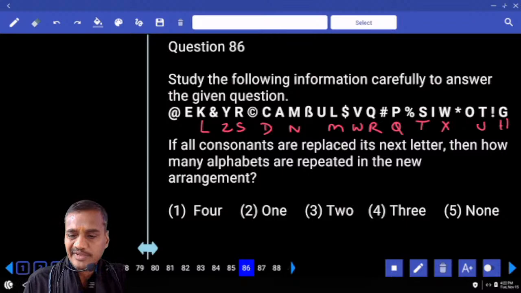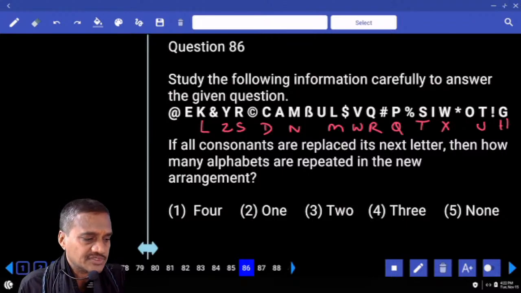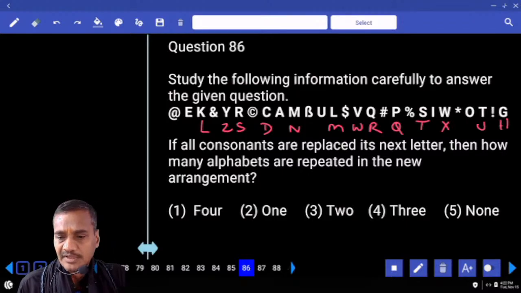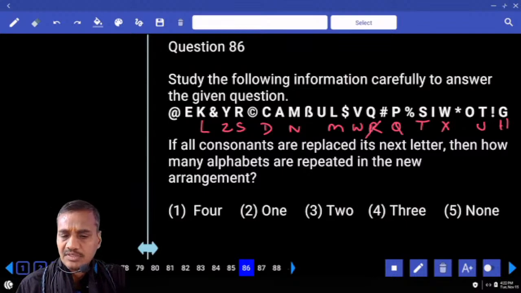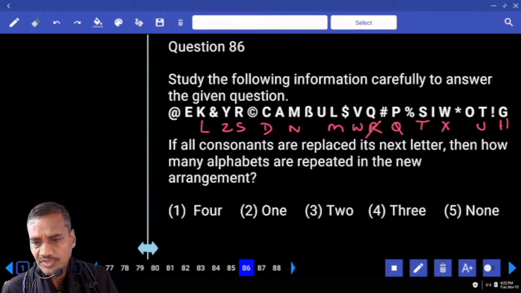Now tell me how many letters are repeated. Is there any letter that is repeated here? L is here, and Z, and next one S, and D. D repeated once or not? N, and next to N, M, and W, and W is not repeated. R, now R is here, and R, next one Q is here.